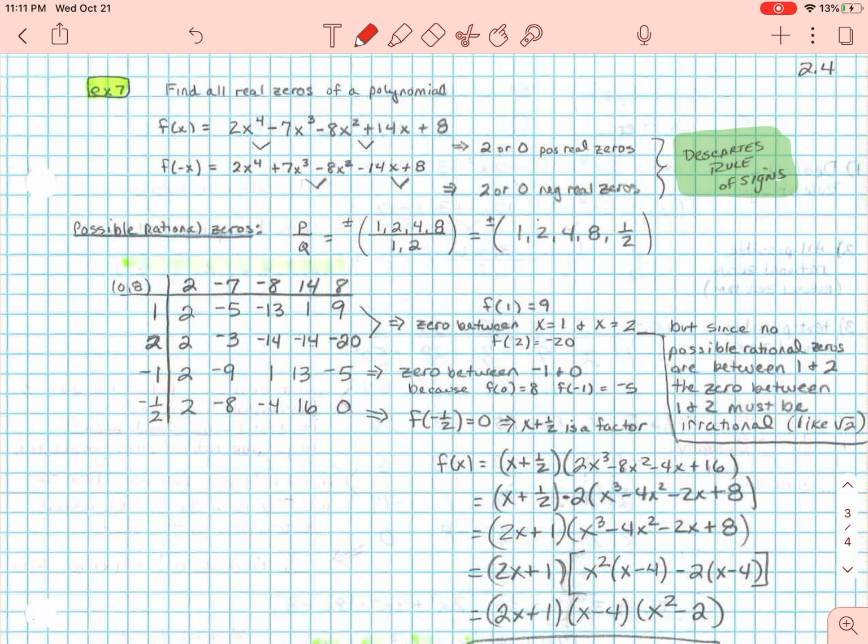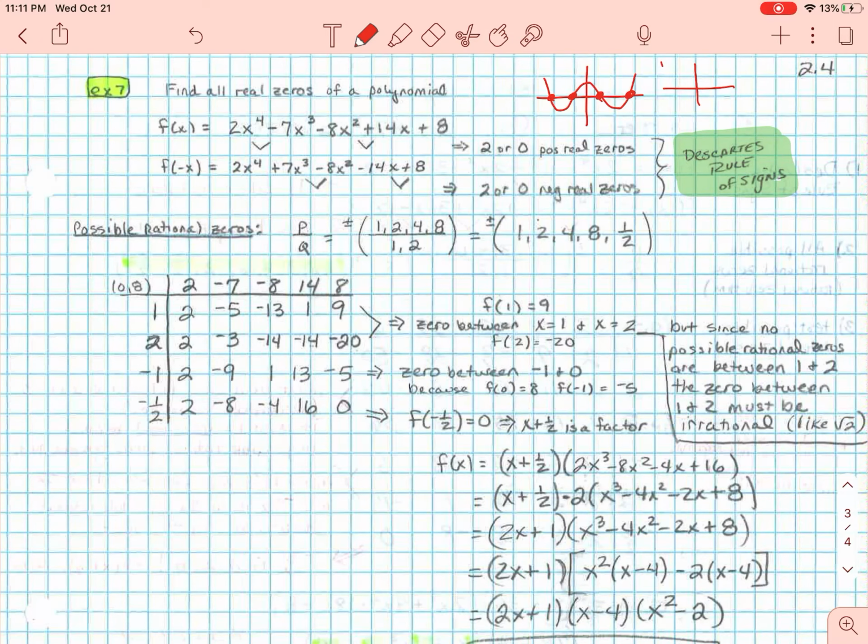So just to show you what that kind of looks like. You have a fourth degree polynomial. It could look like this. And this would show you 2 negative real zeros and 2 positive real zeros.